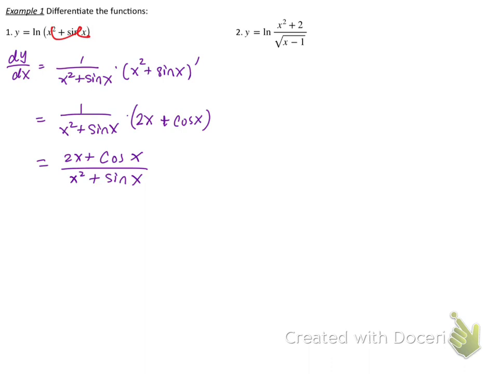Now the second example, where y equals ln of a quotient. We can first use the property of ln. This will be ln of x squared plus 2, minus ln of x minus 1, to the 1/2, because the log of a quotient is the difference of the logs.